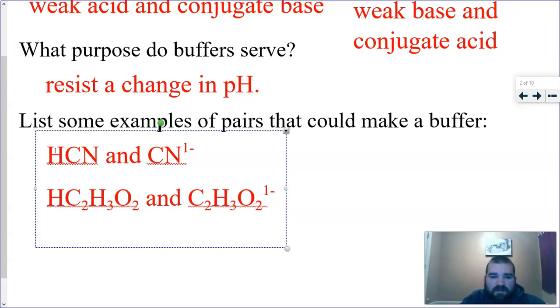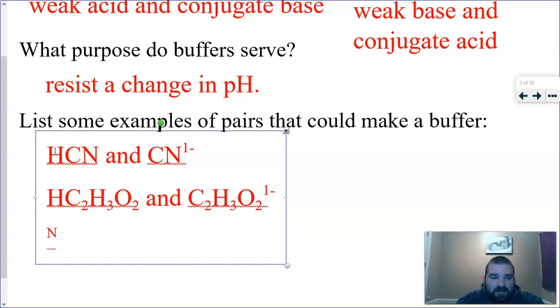Those are some acid examples. We could do base examples. If I had ammonia, NH3, and its conjugate acid, which is ammonium.